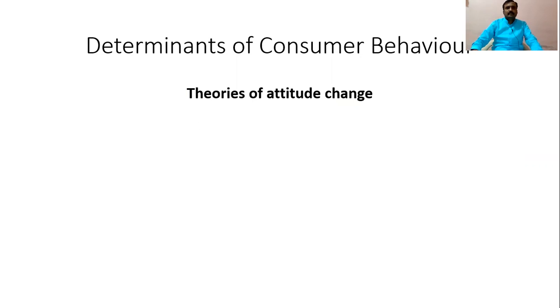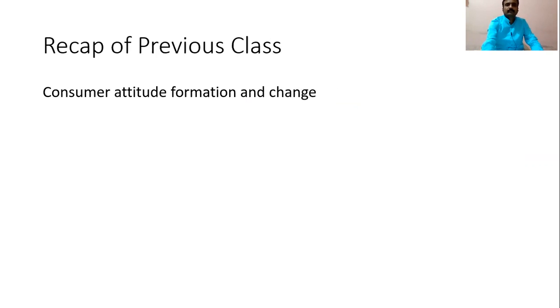In this second chapter, determinants of consumer behavior, we will study the various theories of attitude change. In the previous class, video lecture session number 20, we discussed consumer attitude formation and change: how consumer attitude forms in the minds of consumers and how it changes.